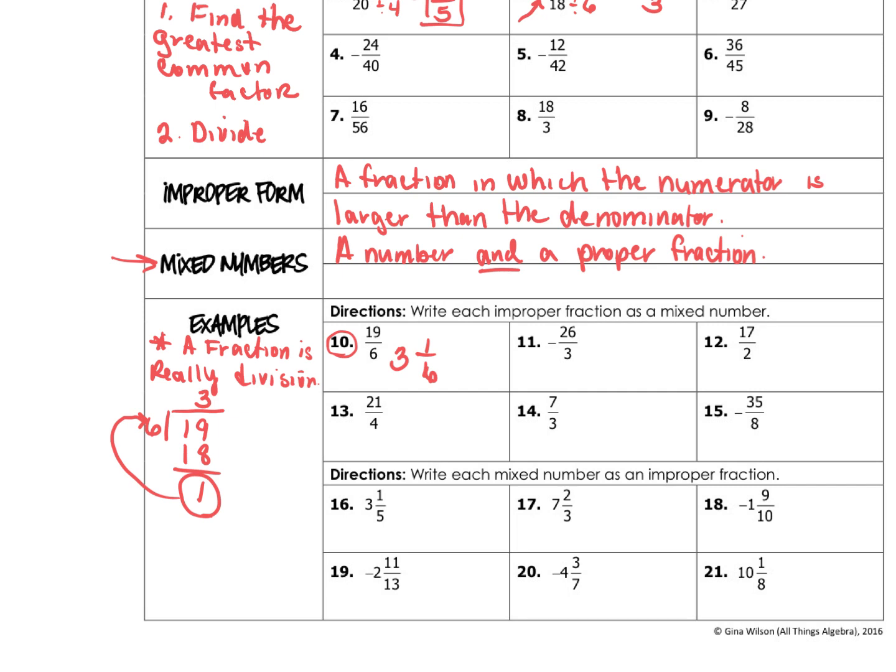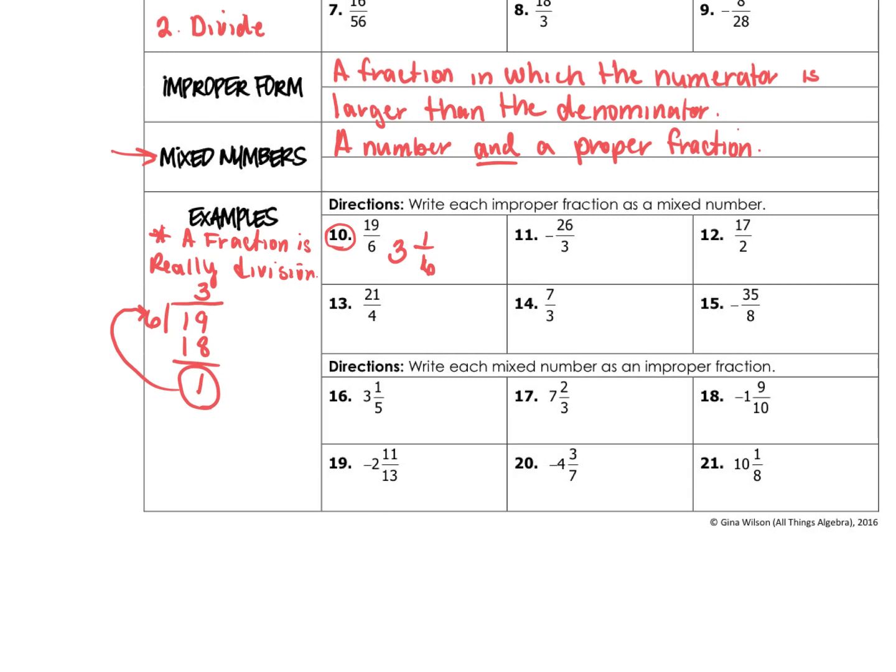Okay? Let's try number 11. Number 11 says negative 26 over 3. So we'll leave the negative sign off for the moment. 3 goes into 26 8 times. 8 times 3 is 24.